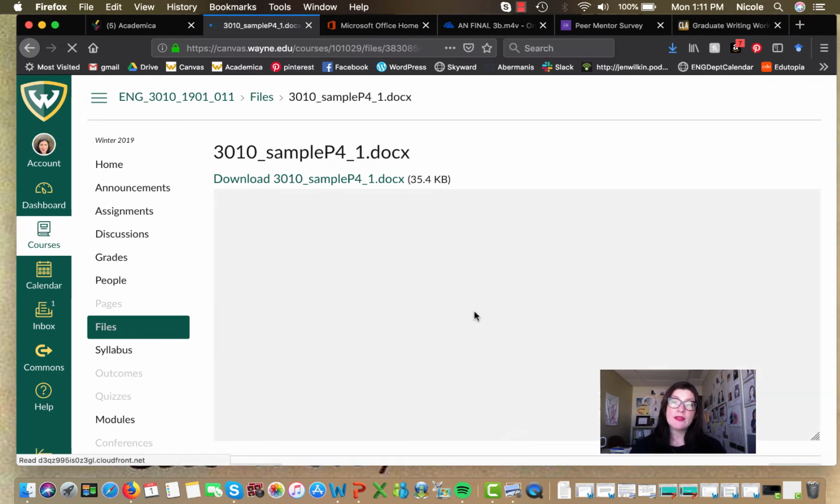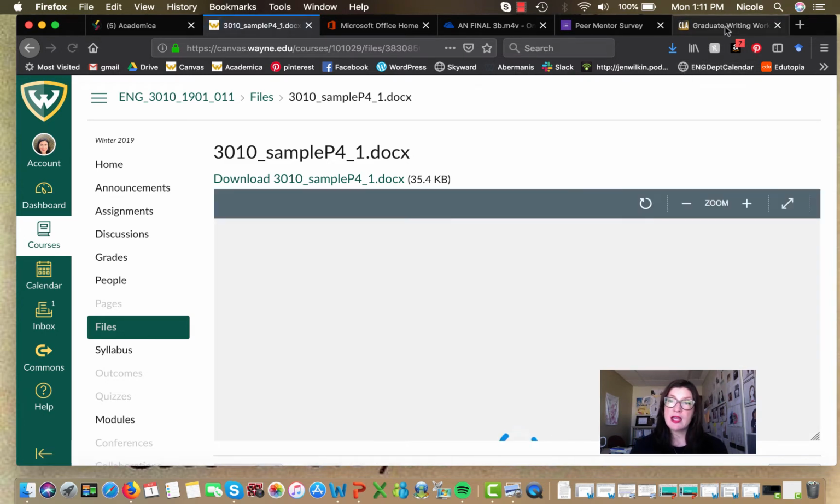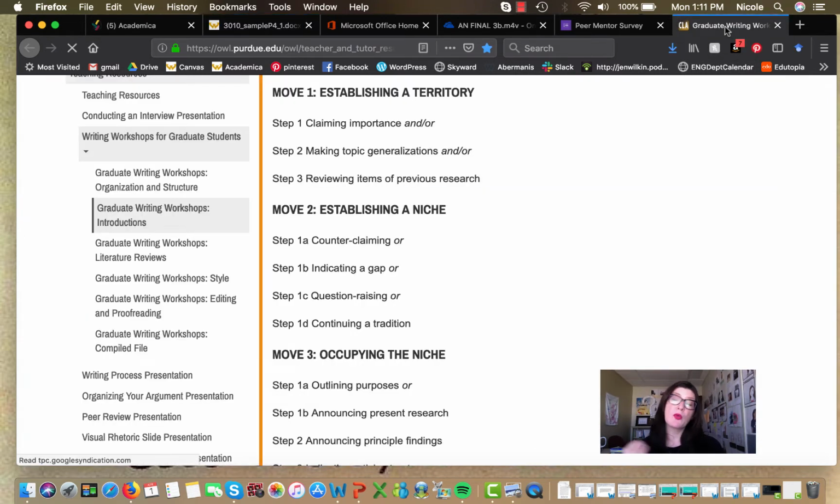Now, while this is pulling up, I'm also going to take a minute to switch over to refresh our memories about the CARS model, creating a research space, CARS. This is a generalized structure for research introductions, and it consists of move number 1, establishing a territory.